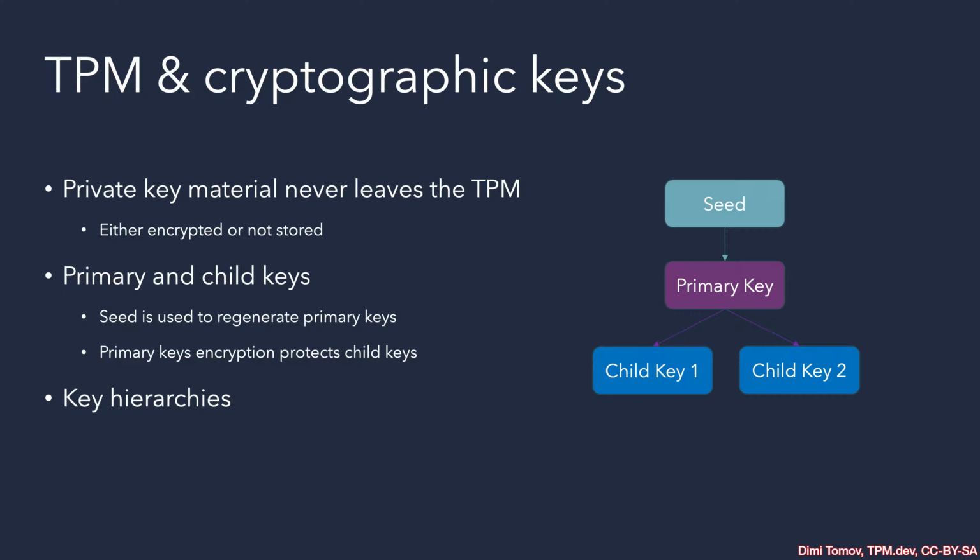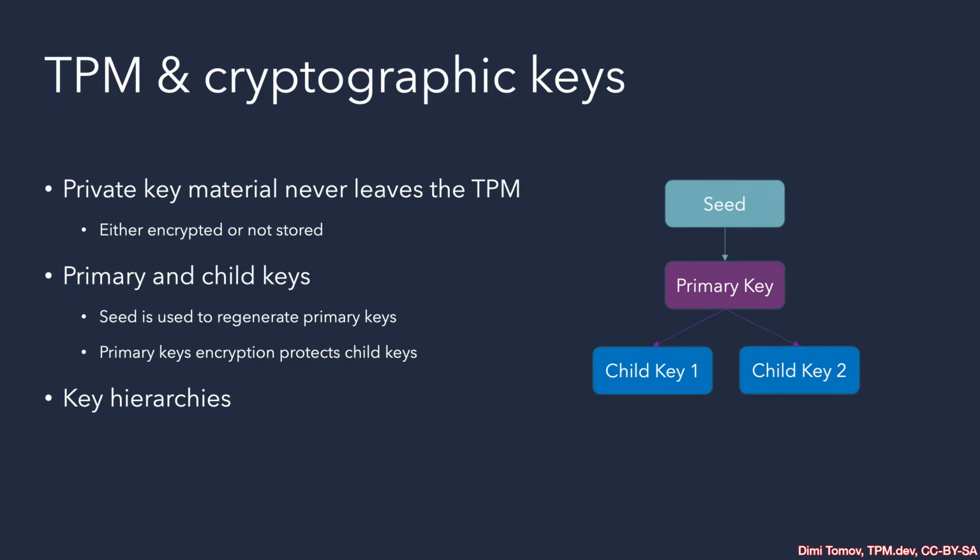There are some optimizations we can do to avoid the regeneration, like persisting a TPM key, and this is covered in one of our other lectures. Child keys are typically the keys that are used to perform the various cryptographic operations like signing or encryption and so on, whereas primary keys are used to encrypt and protect the child keys. We also call this wrapping.